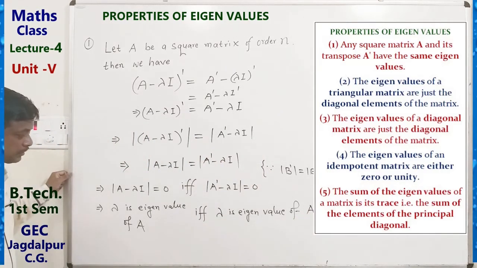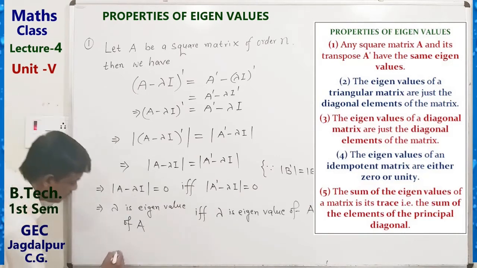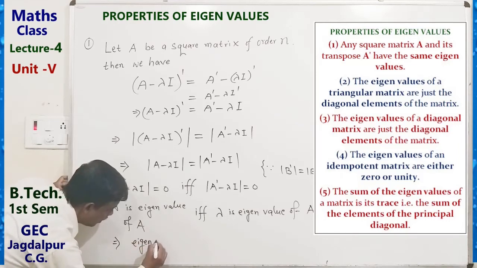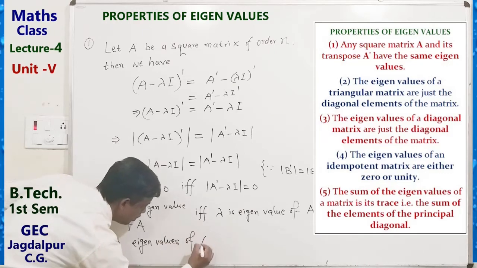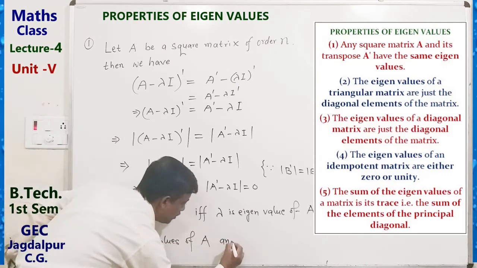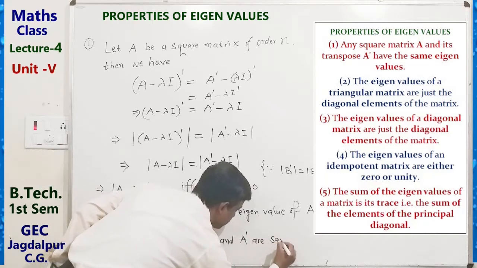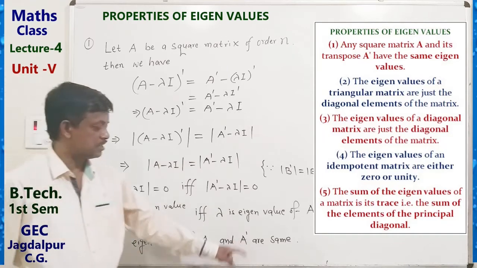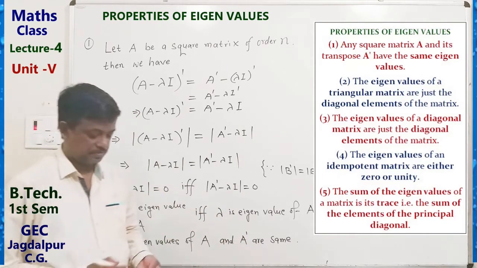Clear? This implies the eigenvalues of A and A dash are the same. This is the first property: A and its transpose have the same eigenvalues.